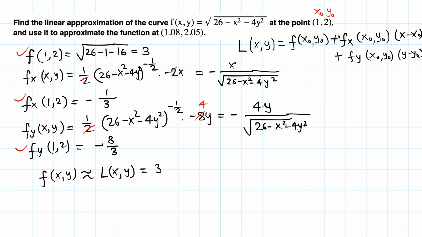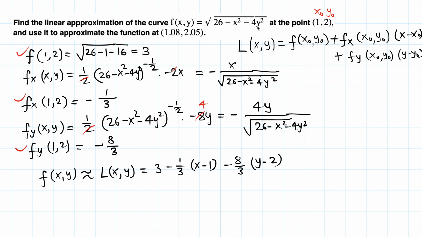Okay, so 3 plus this value is negative 1/3, so negative 1/3 times x minus x naught, which is 1, plus fy at x naught, y naught, that's the value here, negative 8/3 times y minus y naught, that's 2. Okay, that's the linear approximation of this curve.